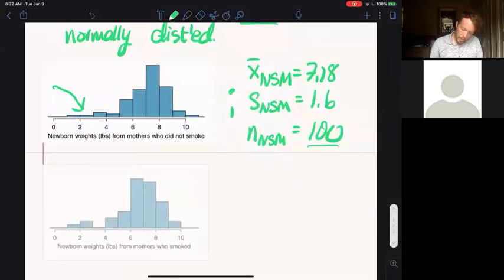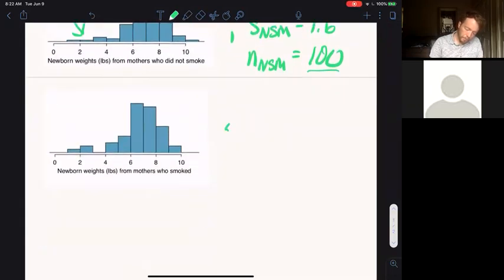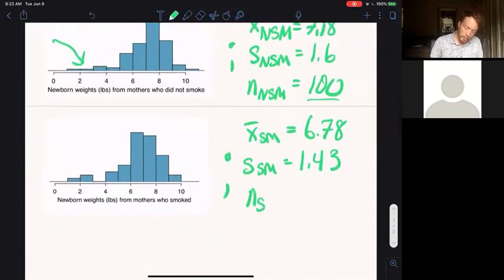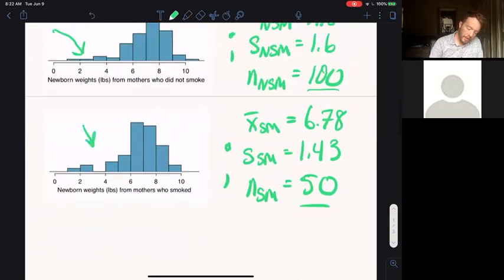These are the weights of newborn children for mothers who do smoke. X bar smoke is 6.78, the standard deviation is 1.43, and the sample size is 50. Again, I think we have a big enough sample size. This one seems a little less left skewed, but still definitely left skewed.